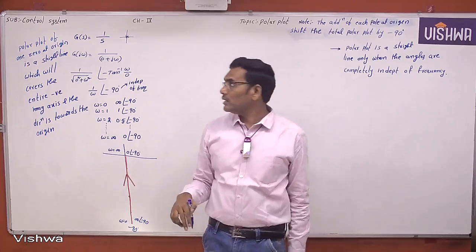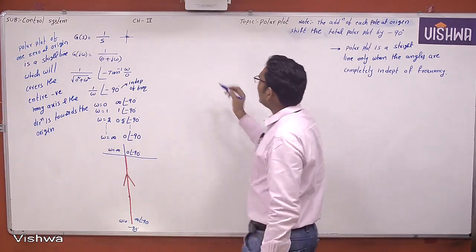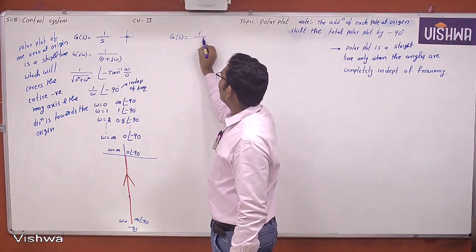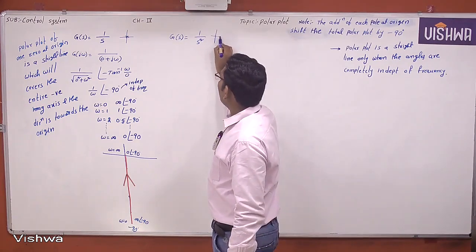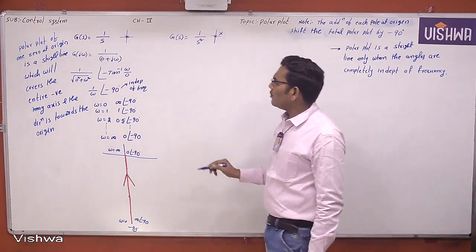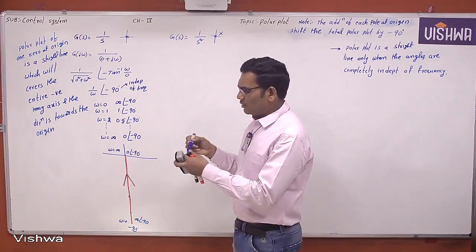Now similarly, G of s equal to 1 by s square. I just add one more pole at origin. Replace s equal to j omega.